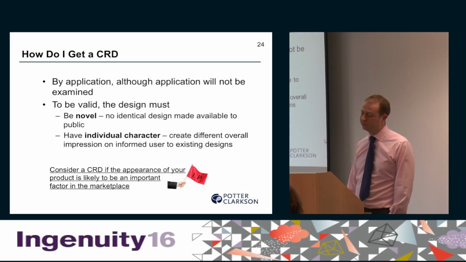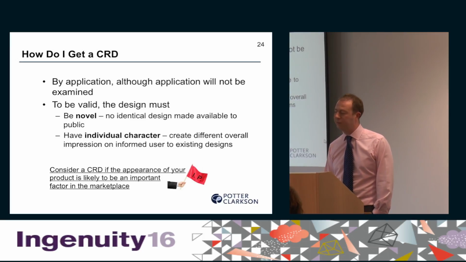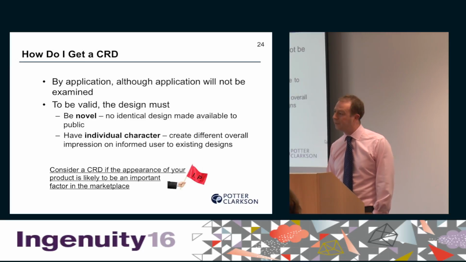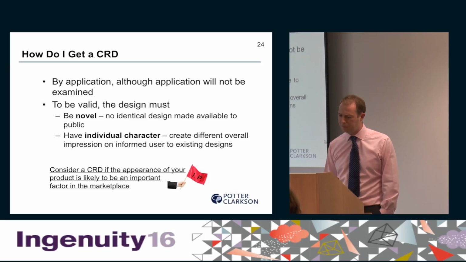And here the test is that your design creates a different overall impression on an informed user to existing designs. There's lots of words to work out what they mean in there, and lots of arguments to be had, but that's the test, and I won't go into it in detail now.